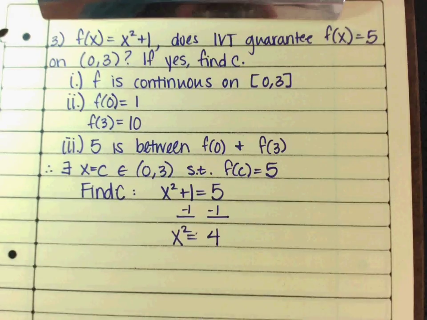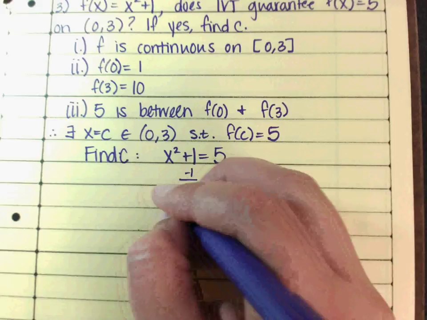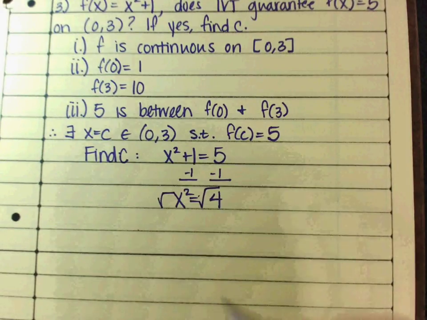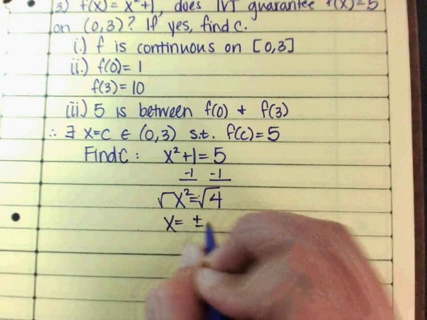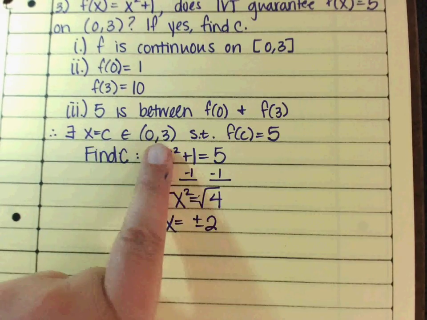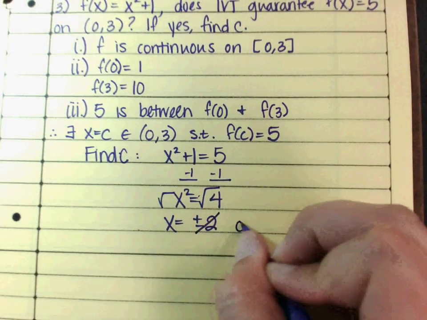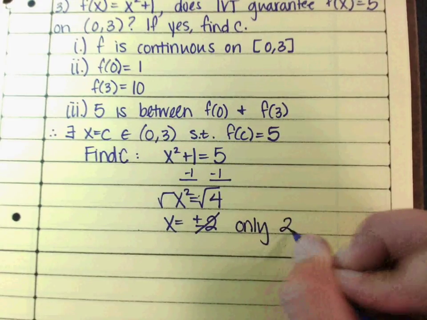And then my next step, what would I do to get there? When you take the square root on both sides, that does introduce a plus minus, so it would be plus or minus 2. Now question, when we put x equal to c, where did it have to be within? 0 to 3. So can I allow for both of those answers? No. I would say only 2.